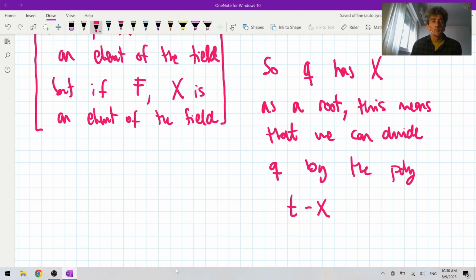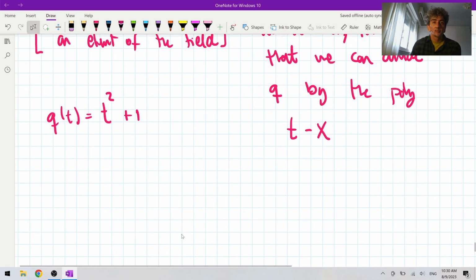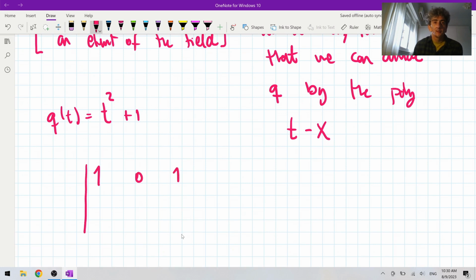So let's gather Q, which Q of t was t squared plus 1, and we're going to divide by t minus x. So how do we do that? By our very good old friend Ruffini's rule.